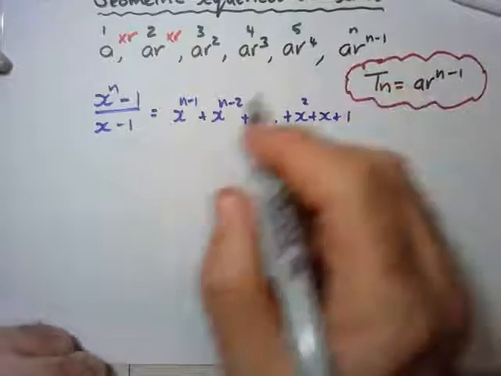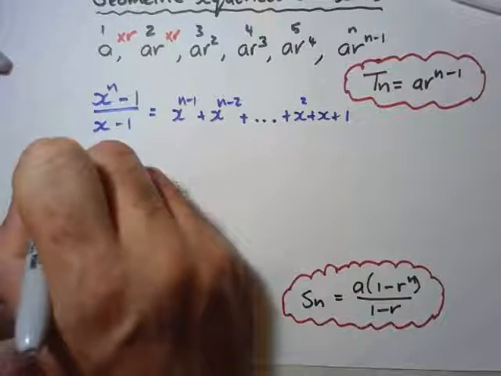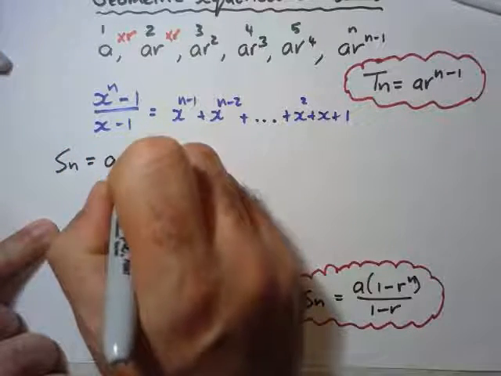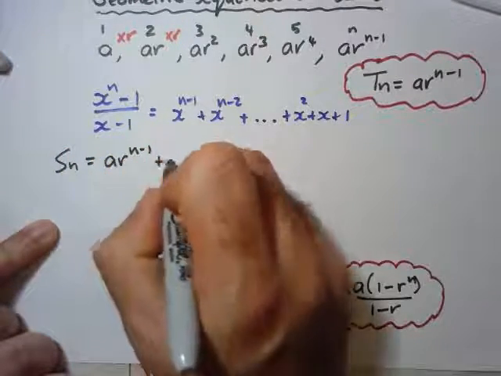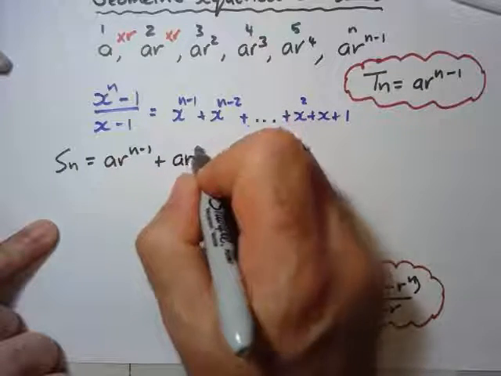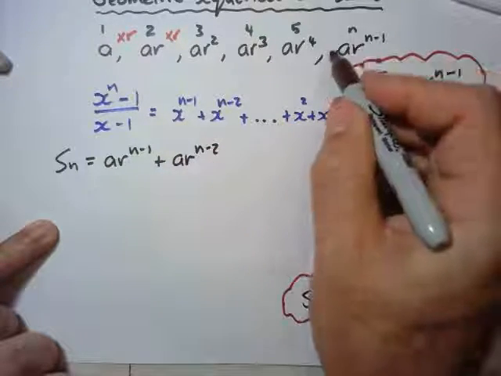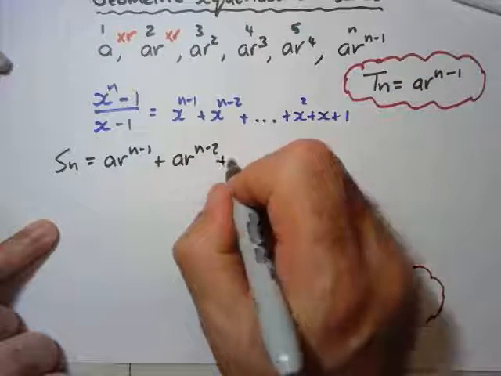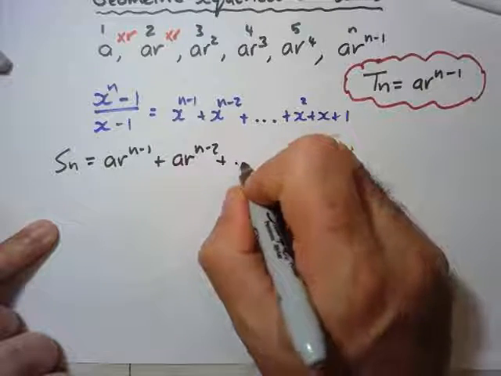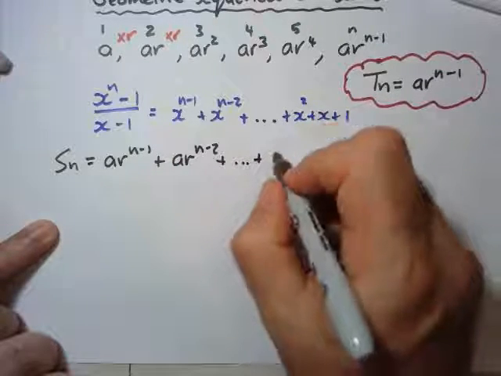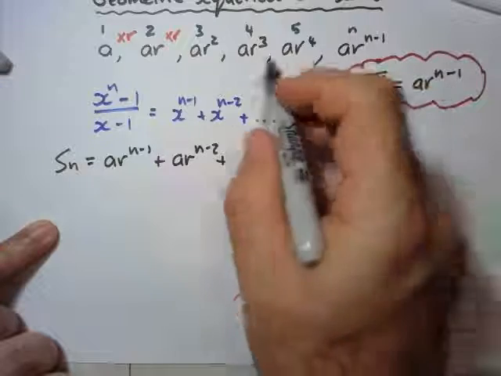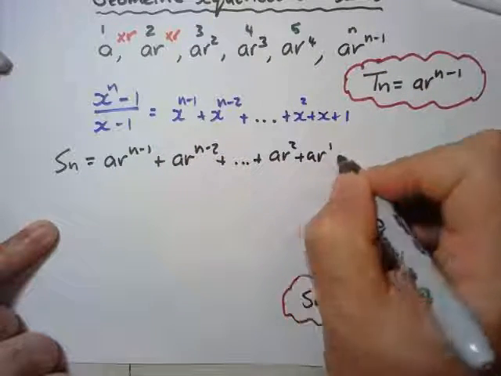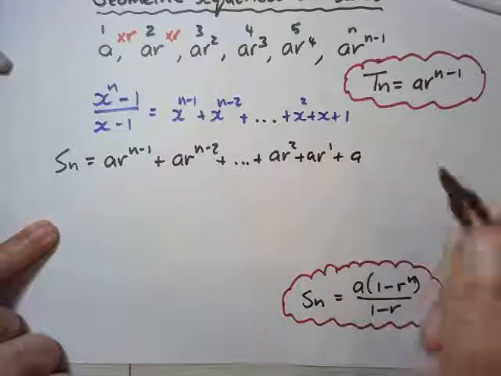Now let's go back to my geometric sequence. If I find the sum, Sn equals ar^(n-1) plus ar^(n-2), that's the term just before that one, and I carry on until we get to ar squared plus ar to the power 1 plus a.